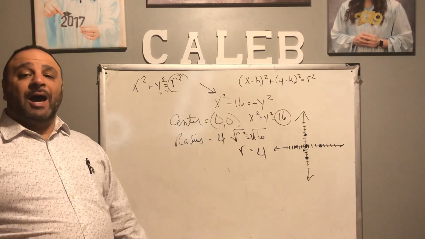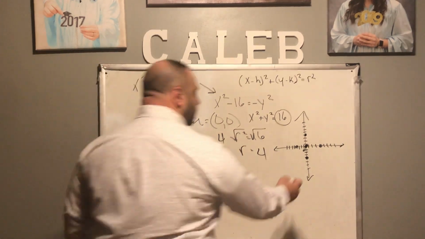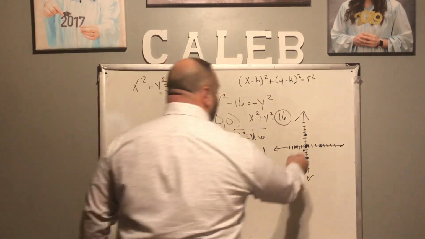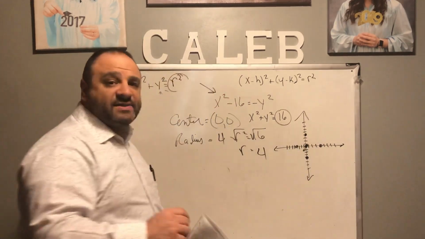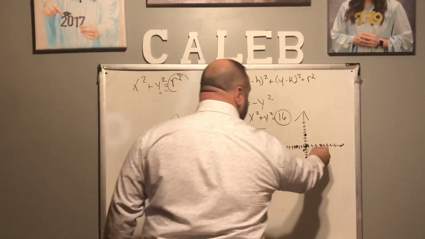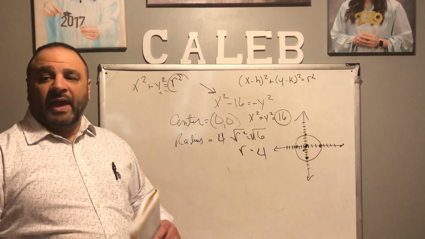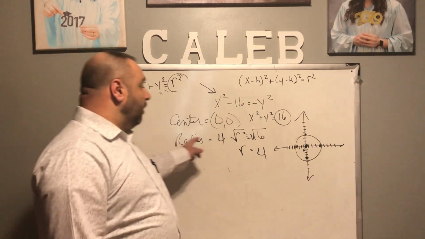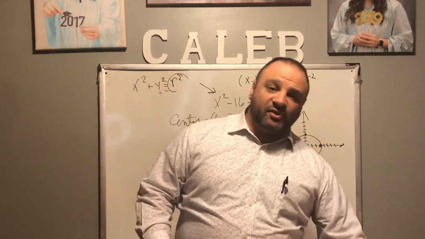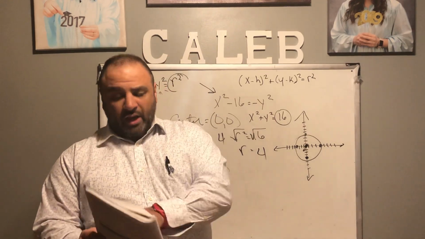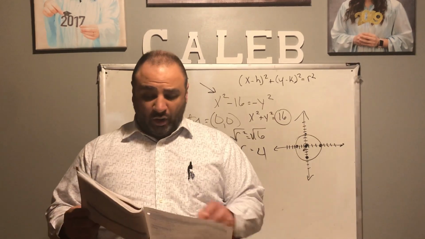Then you would take your compass, stick your compass needle on the origin of the graph, and then open your compass, your radius, up to where it touches these points, and simply draw your circle. And that's how you would draw a circle with your center at 0, 0 and your radius at 4. You're going to do number 5 for homework, right?